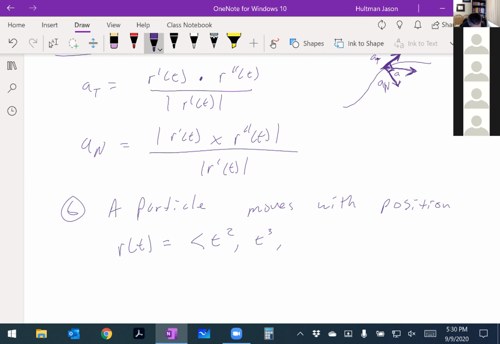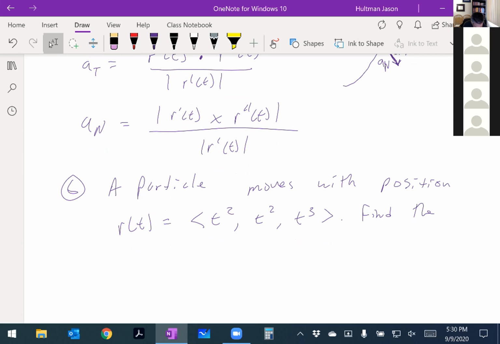Sorry, this is t squared, t squared, t cubed. Find the tangential and normal components of acceleration. Find a sub T and a sub N.